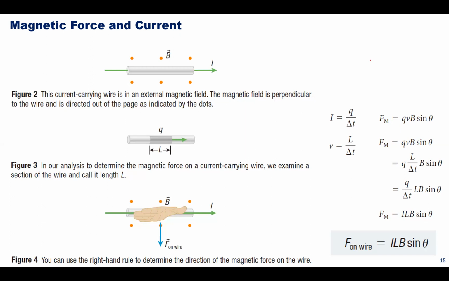The magnetic force on this moving charge is given by Fm equals QVB sine theta. That's the magnitude of the magnetic force, right?